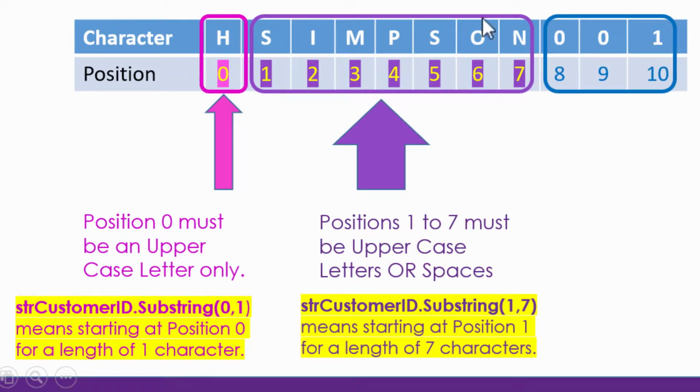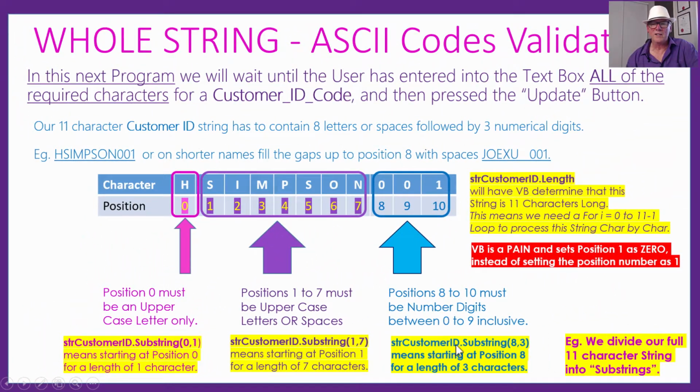That's how you substring out and get just that bit there. And this last little part here with the 3 digits, that's another substring of our big string. You would do that by substring 8, because we're starting at position 8, and we're only going 1, 2, 3, a length of 3. So substring 8, 3 would pull out this bit here that's in blue to give you the 0, 0, 1.